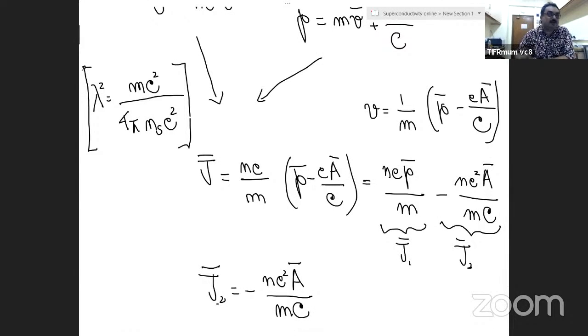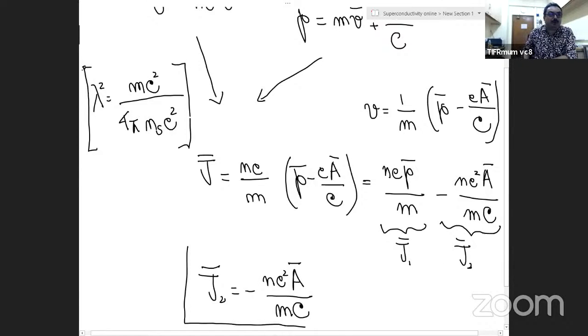However, you have also J1, and if J1 was not there, we would have a problem, because J2 depends on the electron density. It is not the density of the superfluid. We know from the two fluid model we have a density of superfluid and a density of normal fluid. J2 depends only on the total density.